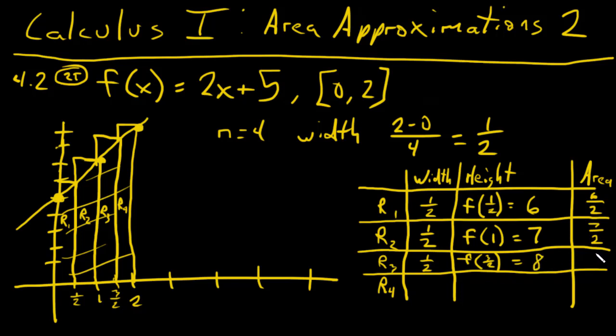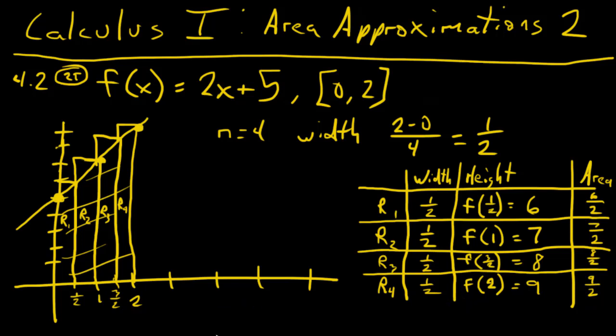And so 8 times 1/2 is 8 halves. And then finally, the last one, 1/2 is the width. And what do I feed it? I feed it the right endpoint, which is 2. So 2 times 2 is 4, plus 5 is 9. So that's going to be 9 halves.